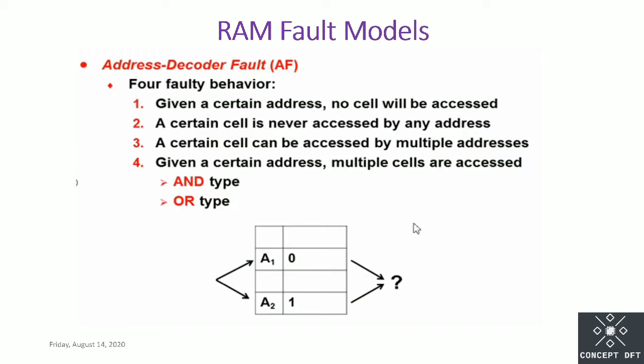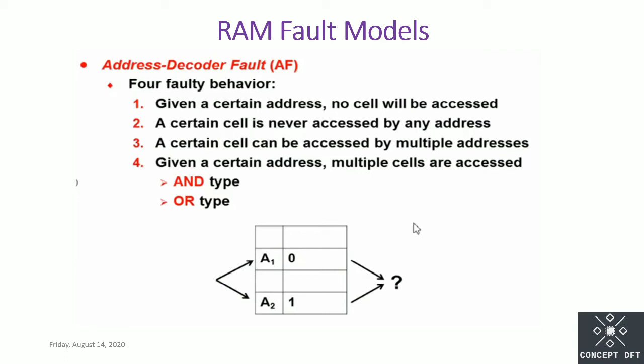Address decoder fault. There are four faulty behaviors of address decoder fault. First one is if we give a certain address, the address decoder is not able to find that particular address. Another one is a particular cell is not accessed by any address.